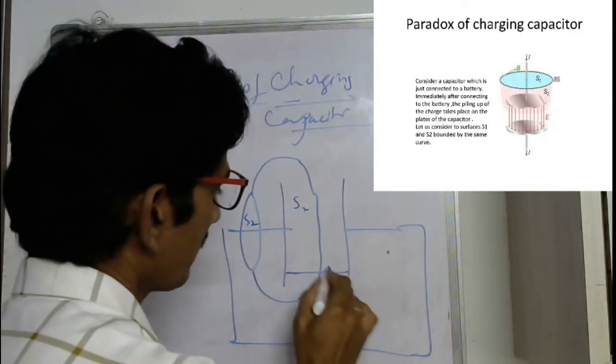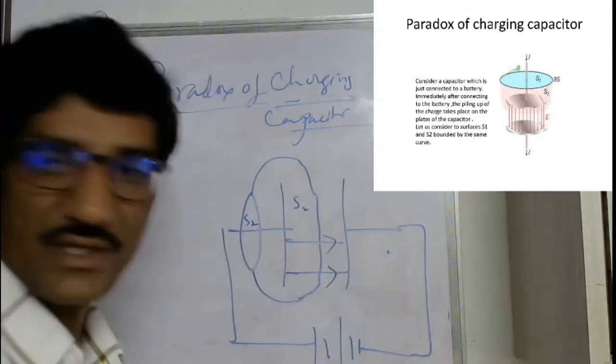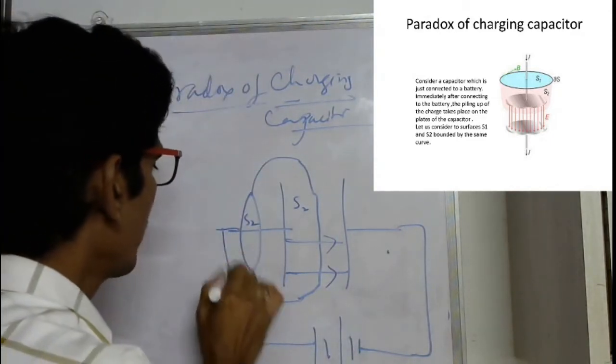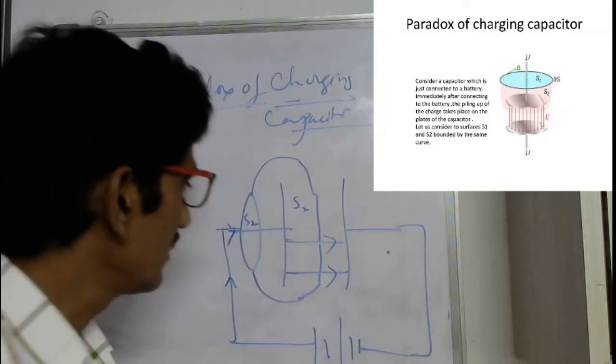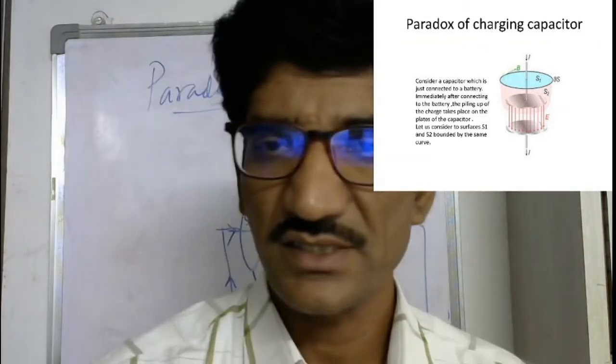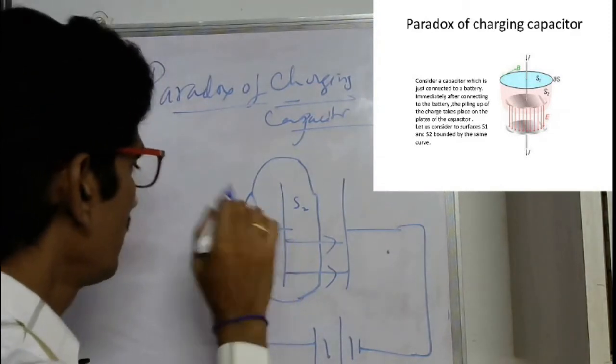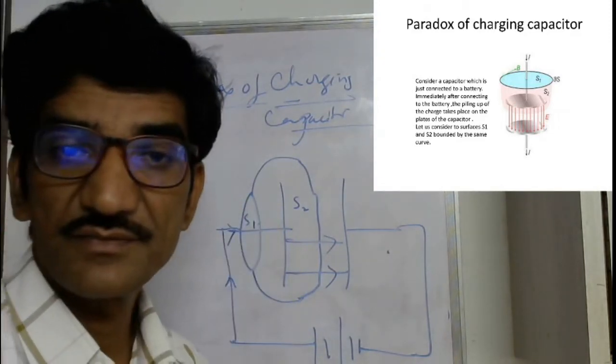Here you have the magnetic field like this. The current is coming like this, crossing the S1 surface, while it does not cross the S2 surface.